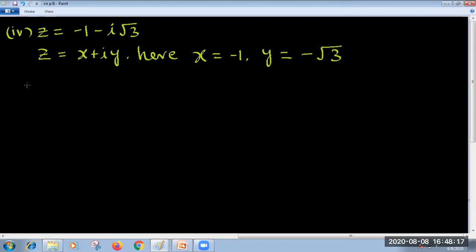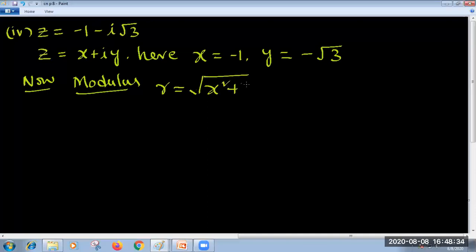We have to find the modulus. So modulus, that is r, is equal to under root x square plus y square.